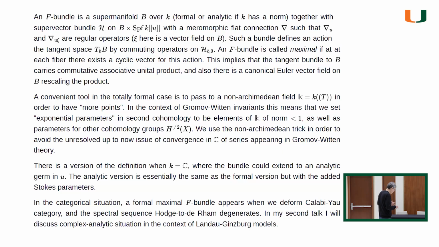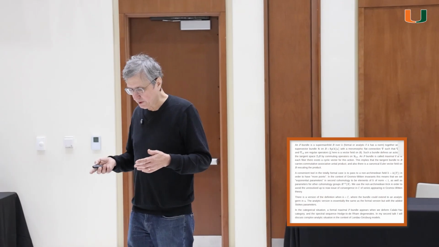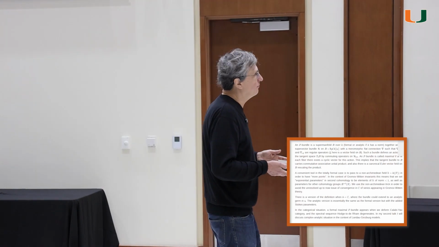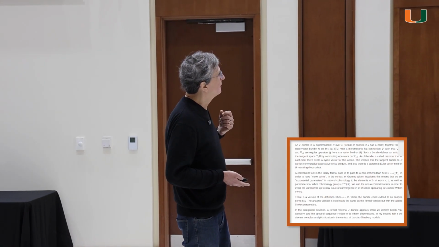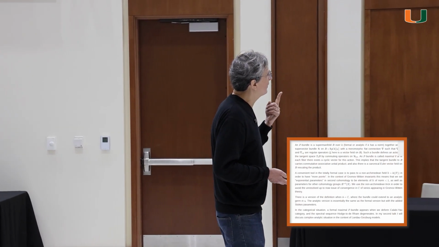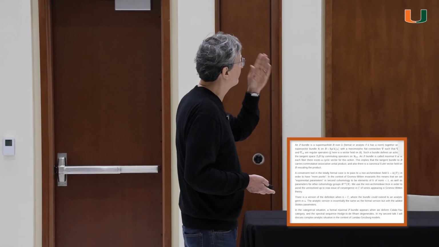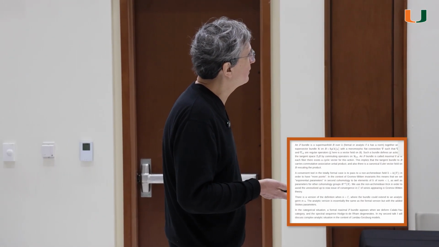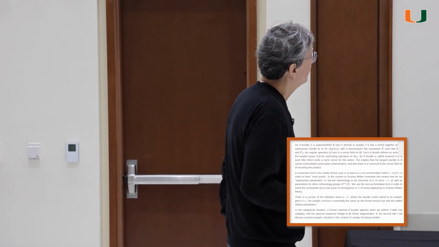So you get a bunch of commuting operators, and we call this a maximal F-bundle. This is a maximal commuting family. A maximal commuting family essentially says that you get a cyclic vector.